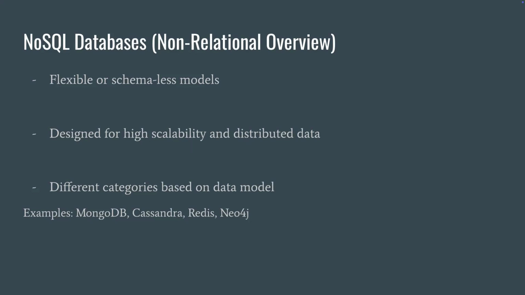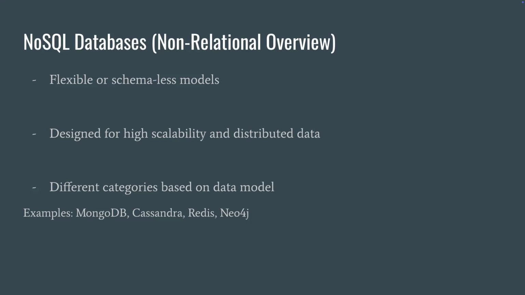I know we're going to talk more about it in subsequent slides, but just to give you an overview, a key value store handles session data really well, while a graph database does really well at analyzing complex relationships such as social networks.